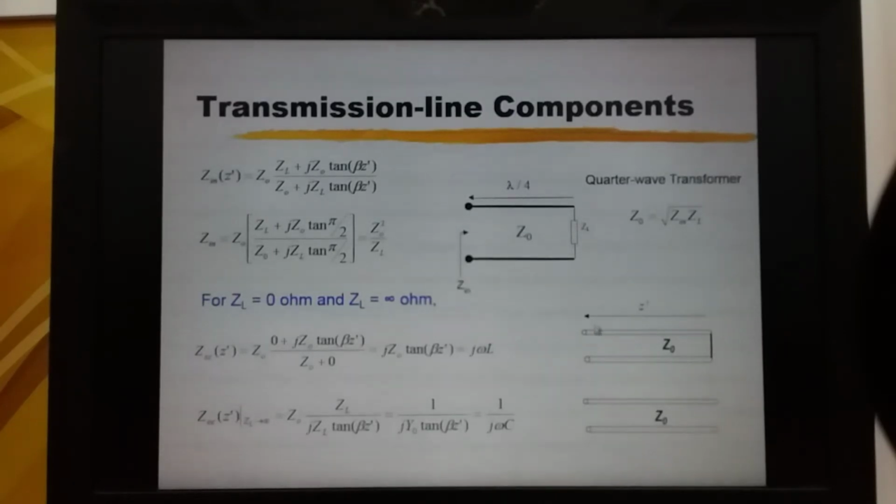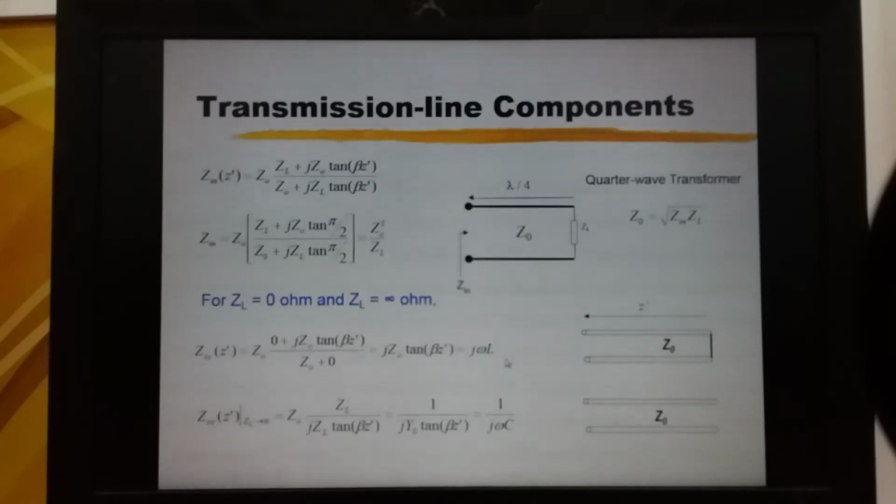If the transmission line is shorted at the end, we have ZL equals to 0. So if ZL is equal to 0, this equation gives us input impedance given by j Z0 tangent beta l'. Compare this with j omega L.